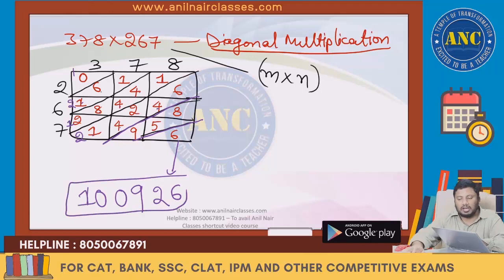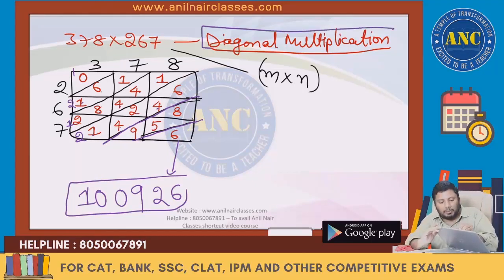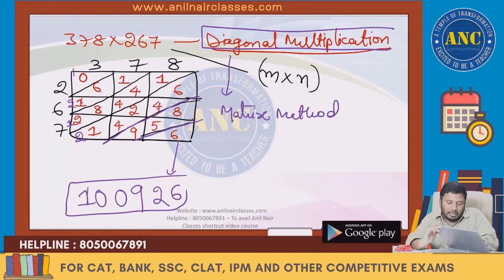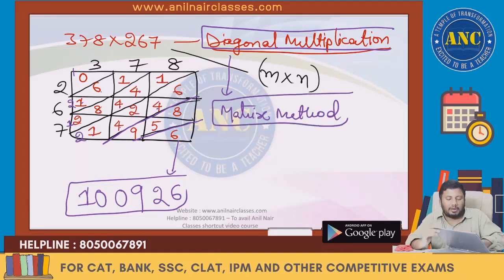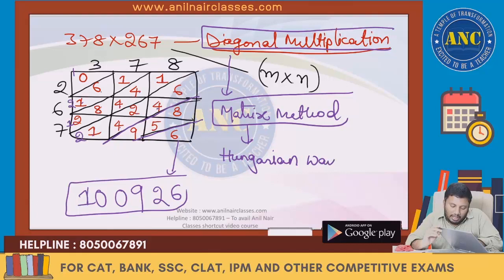I hope it is clear. Diagonal multiplication, or the Hungarian way, is also called the matrix method because we are developing a matrix. It is also called the Hungarian way of multiplication.